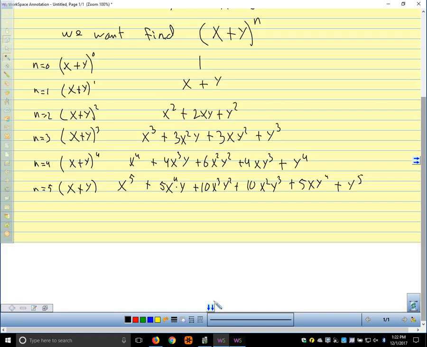So what do we see? What kinds of patterns do we see? Yeah? So our coefficients are the numbers in Pascal's triangle. So I'm going to say a pattern and symmetry in the coefficients.